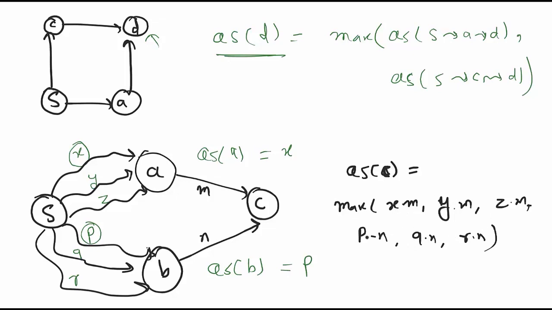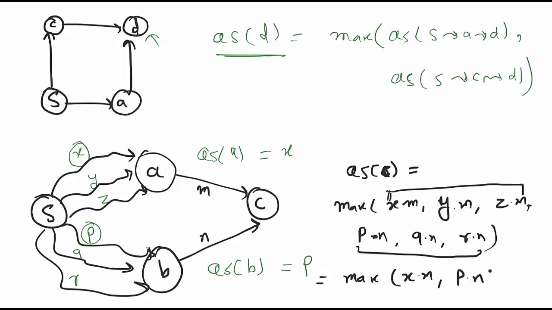Now, you see that if I try to find out the maximum, then obviously among these three, P into N is maximum, and similarly among these three, X into M is maximum, right? So I can say that this is equal to the maximum of X into M, comma, P into N. We just need to compare X into M and P into N, because among these three, if I ask them to fight, then obviously X into M will win.